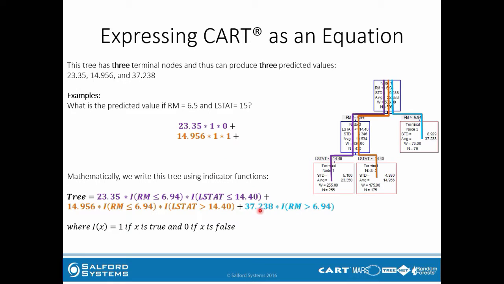And finally, we still have our 37.238, but in this case, Rm is 6.5, and 6.5 is not greater than 6.94, so we have a 0, and our final value will then just be 14.956. So our final equation for our CART tree is here, and as you can see, you can use that directly to obtain any predicted value as if you were just going through the tree informally.